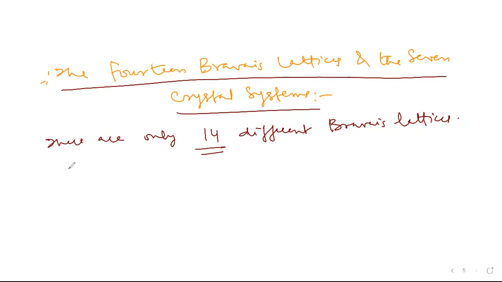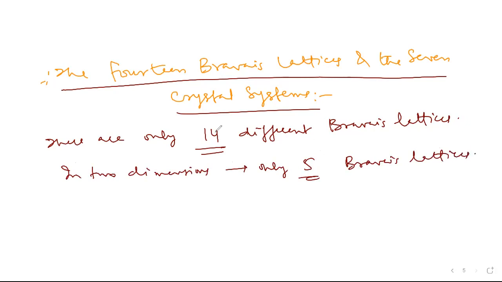So in 2 dimensions, only 5 Bravais lattices are possible. In 3 dimensions, we have 14 different Bravais lattices possible, and this number is restricted due to the translational symmetry condition, right?